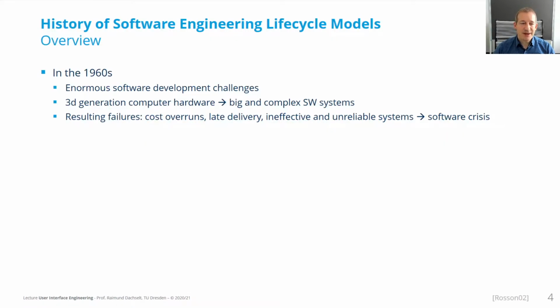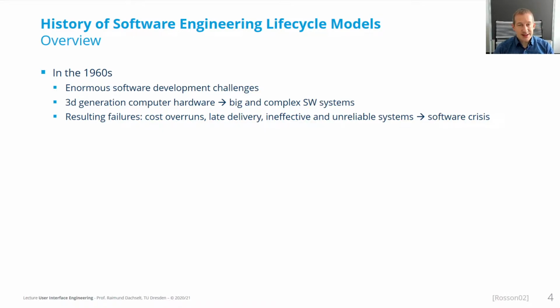You must imagine in the 1960s, hardware and software were always bundled. That means the software came with the hardware, and the development was really complicated. So a lot of manpower went into the development of such complex systems, and from that a variety of challenges were arising.